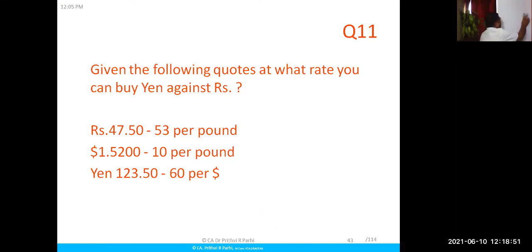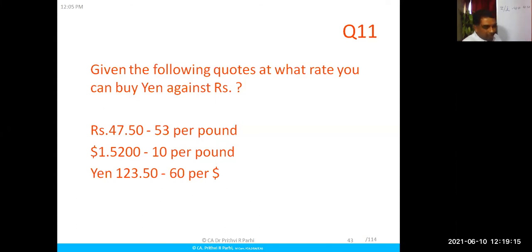Correct, it is rupee per pound. Good. The question is clearly saying per pound. That means the first part is rupee per pound. Rupee per pound quote is how much? 47.50 to 47.53.